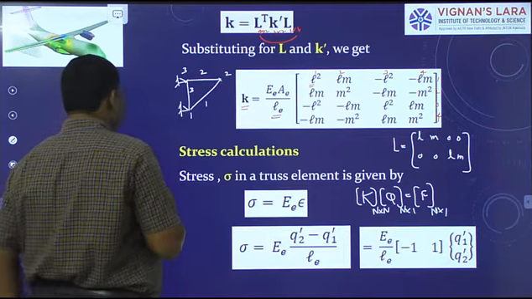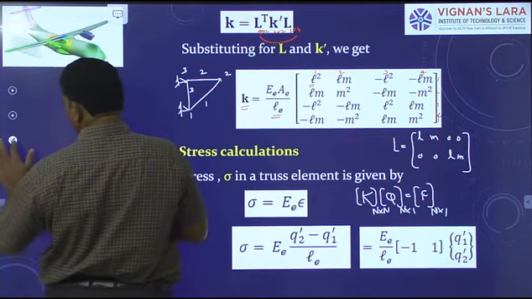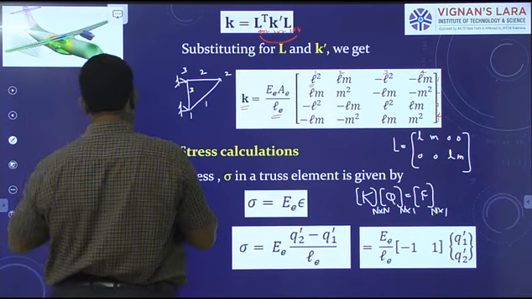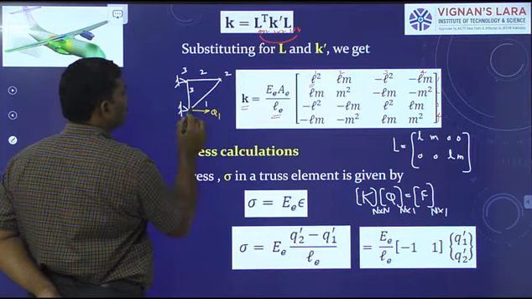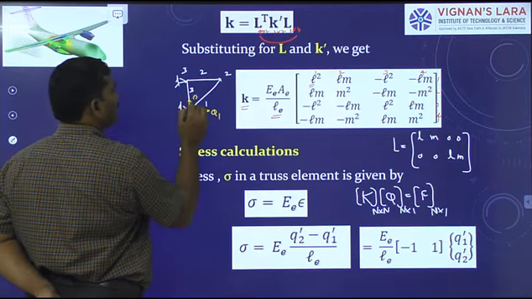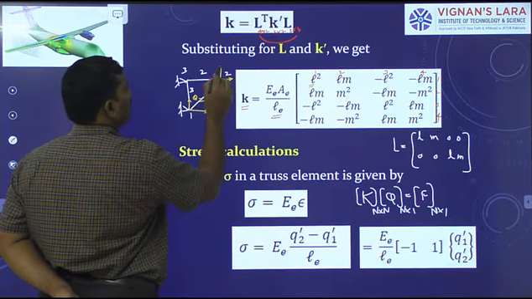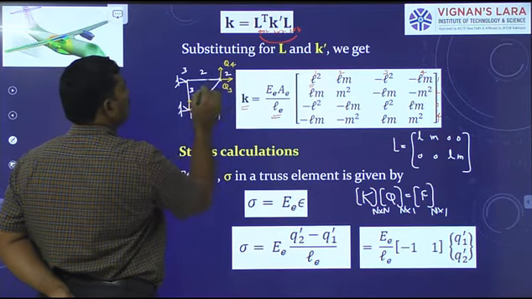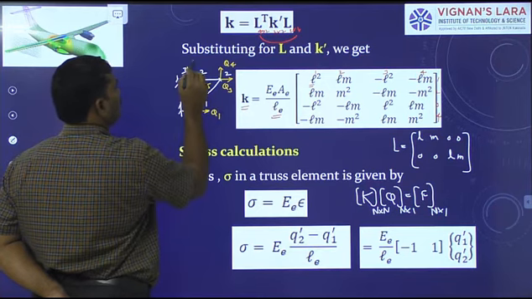Now the displacements at each node, observe carefully. This is capital Q1, this is capital Q2, capital Q3, capital Q4, capital Q5 and capital Q6.